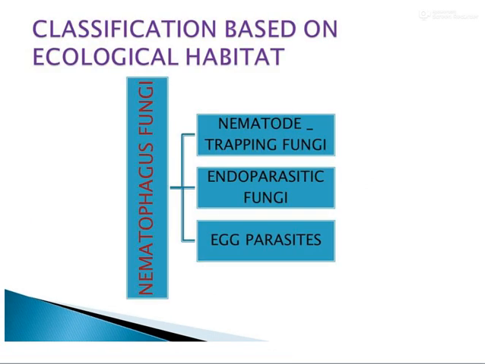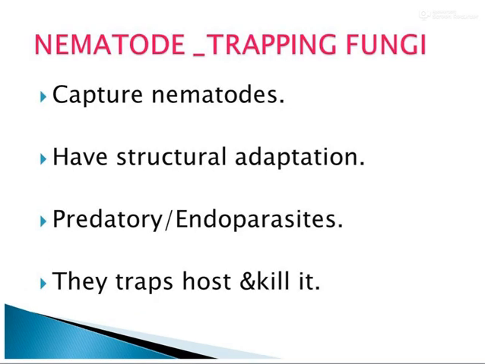Based upon the ecological habitat, you can divide nematophagous fungi into nematode trapping fungi, endoparasitic fungi, as well as egg parasites. Nematode trapping fungi usually capture the nematodes and they have a structural adaptation, and some of them are found to be predatory or endoparasites, and they can even trap the host and kill it.